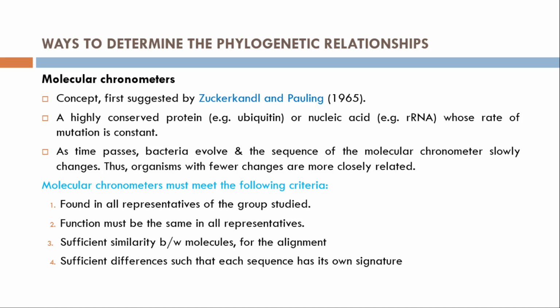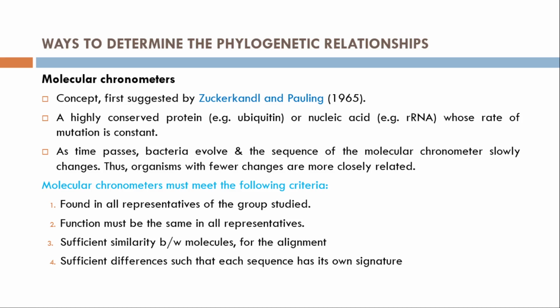So, what should be the criteria to select a particular sequence as a molecular chronometer? Number one, whatever sequence you are targeting should be present in all the representatives of the group under study.